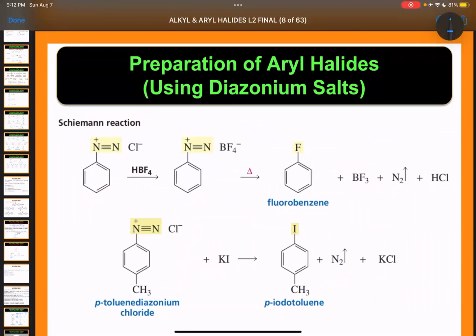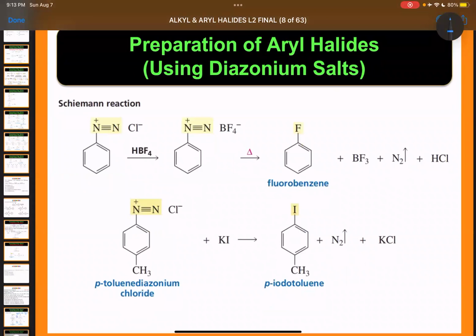Why is this the only method? Why can't you attach fluorine directly? Tell me why you can't attach fluorine directly. Yes, Samira, because fluorination is highly exothermic.